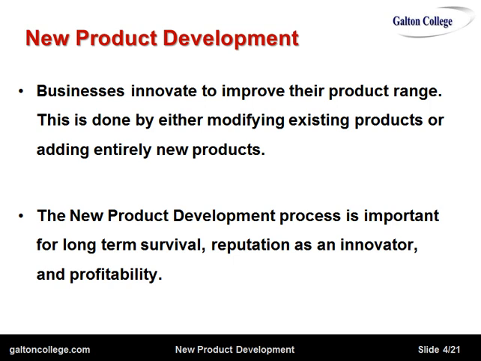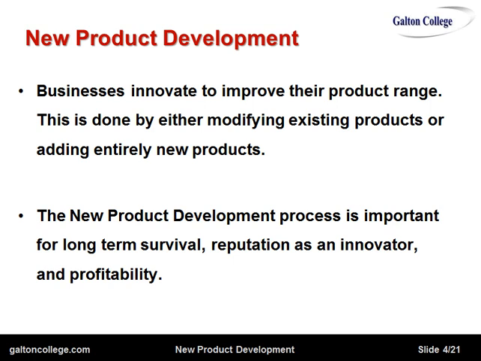Should the market go bad for that one product, then the business will be in trouble. The new product development process is important for long-term survival, the reputation as an innovator, and for profitability. And that's really why there is such a drive for new product development.